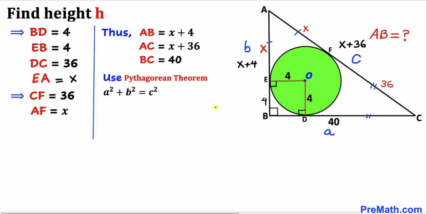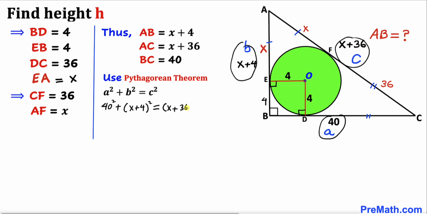In our case, a is 40 units. So let me write down 40 square plus b, in our case x plus 4, whole square, equals c, in our case x plus 36, whole square. Now let's go ahead and simplify this equation.